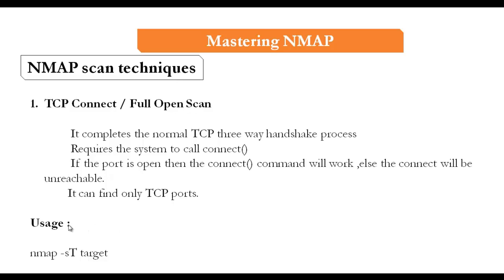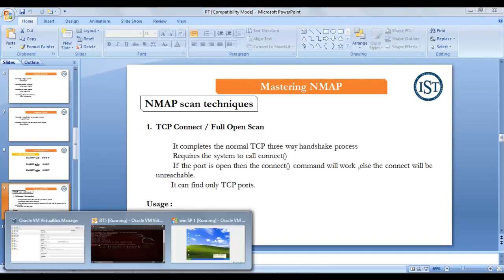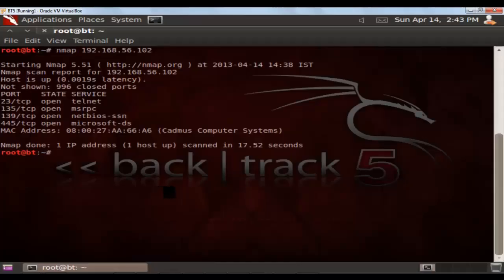The disadvantage of this TCP connect scan is that it can find only TCP ports but not UDP ports. And this is the default scan technique for Nmap. Now let us try to understand how we can use this TCP scan technique. The target is 192.168.56.102, and the switch is -sT. Now Nmap is starting.